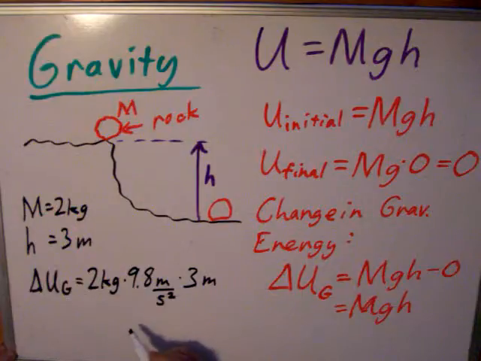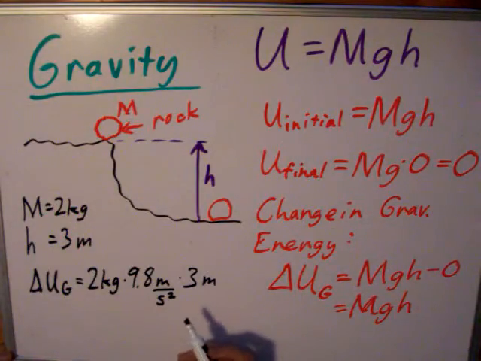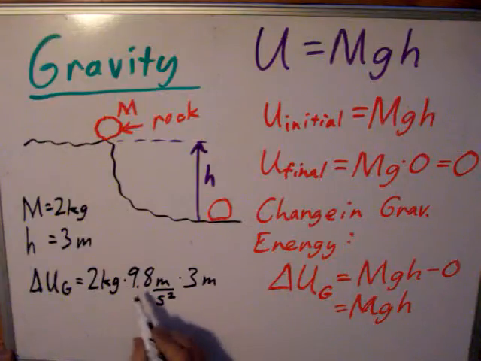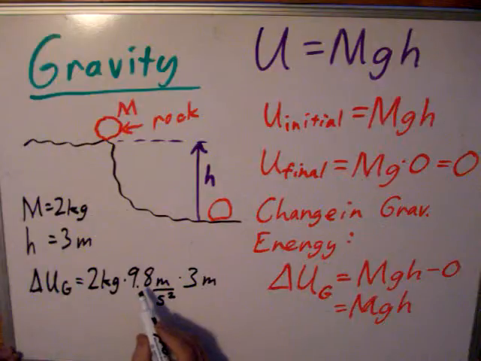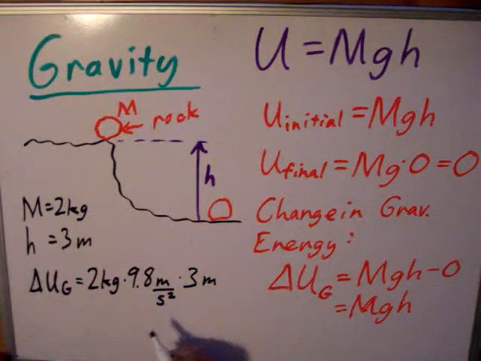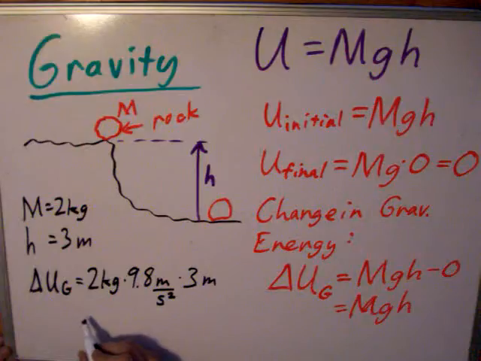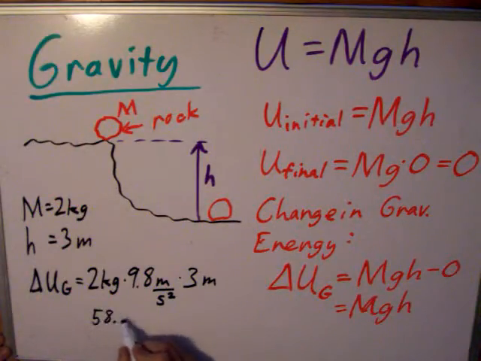2 times 3 is 6. 6 times 9.8 would be about 60 minus 1.2, 58.8. And what are my units?